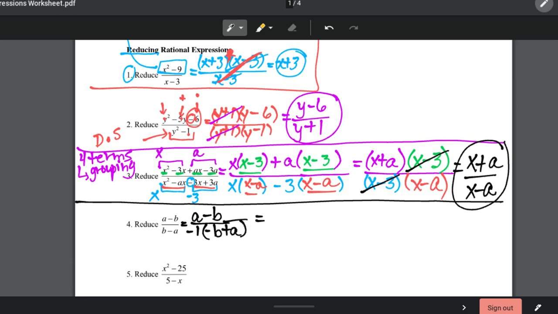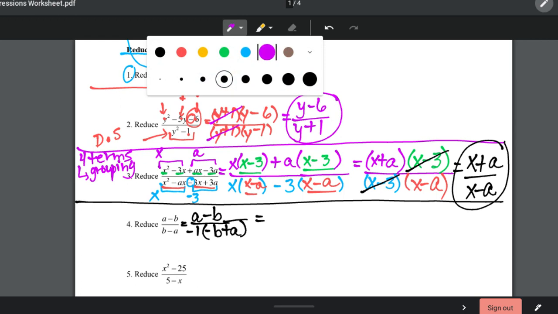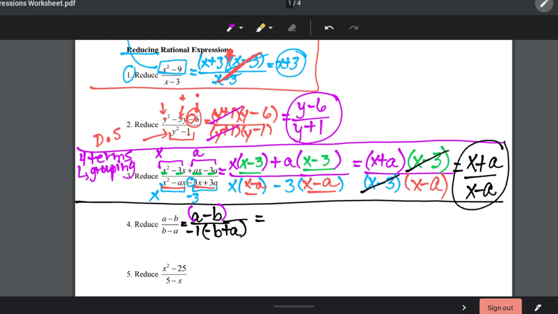And if I look at what's happening with the numerator, it has a positive a and a negative b. Denominator, negative b, positive a. Those are the same, so you can factor those out. So I'm left with, it looks like there's nothing on the top, but if there's nothing, you'll need to always put a 1 there. 1 divided by that negative 1, and 1 divided by negative 1 is negative 1.